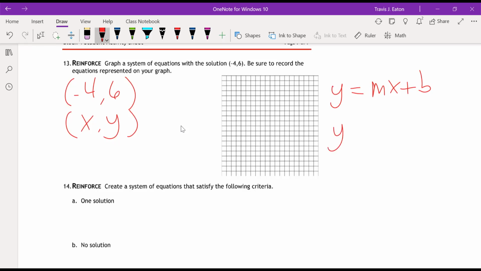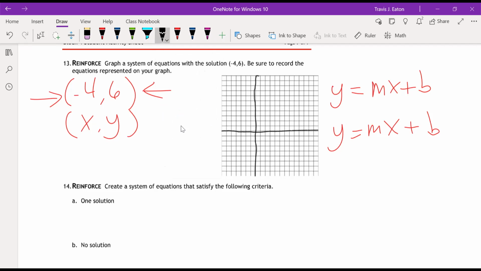Two equations. So using these two numbers here, -4 and 6, you know that when they intersect, they will hit that point right there. I'm going to try to freehand this out.